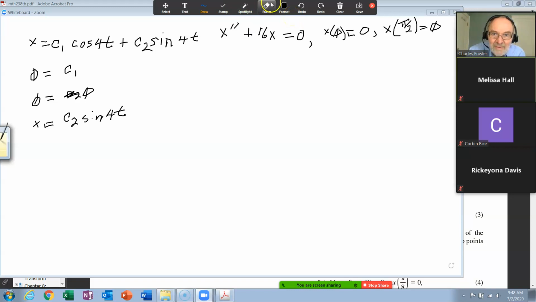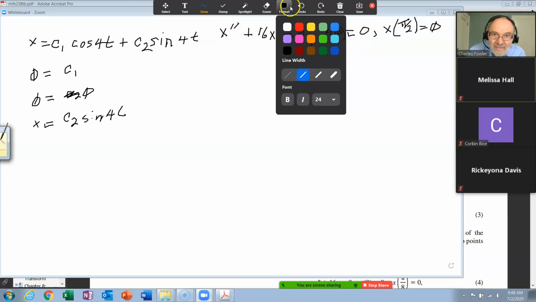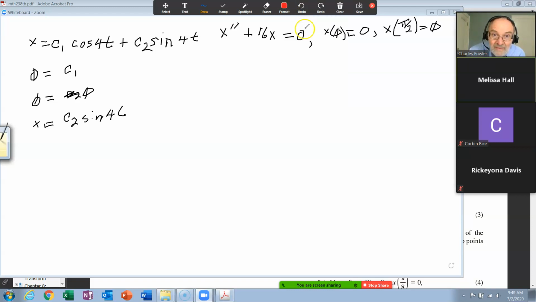If I could get the pen to show up. There it is. Can you pick a color other than black and white? Red? Okay, let's go with red. This next condition is going to be x of 0 is equal to 0. That's the same.